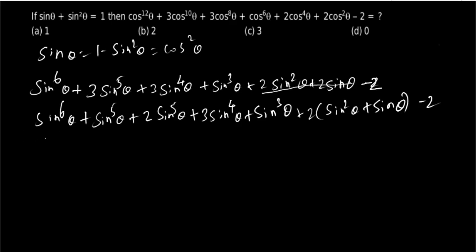So from the first two terms, let us take sine to the power 4 theta outside, so that we will get sine square theta plus sine theta. Plus this second term, 2 sine to the power 5 theta plus 3 sine to the power 4 theta.